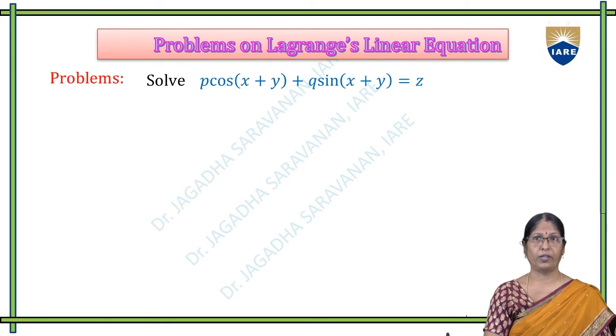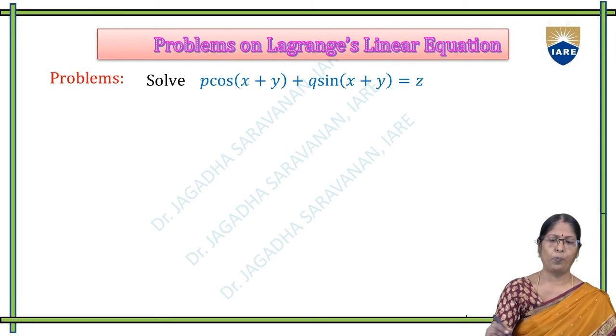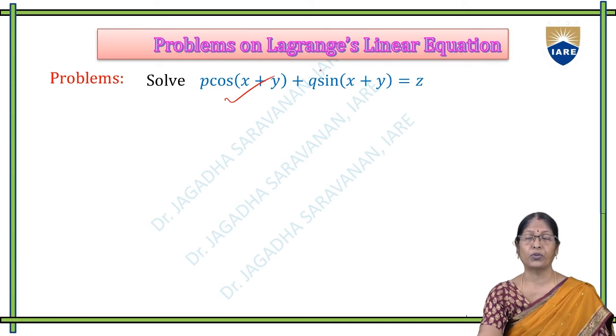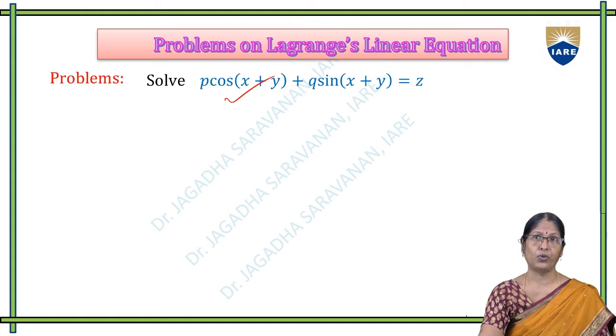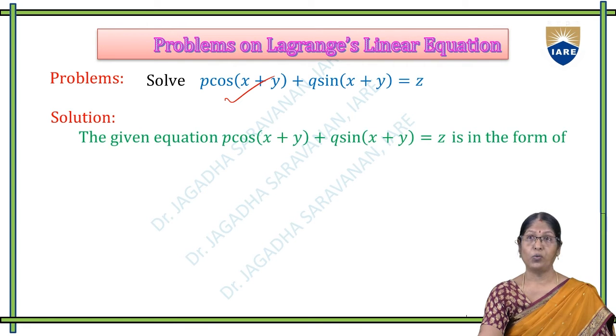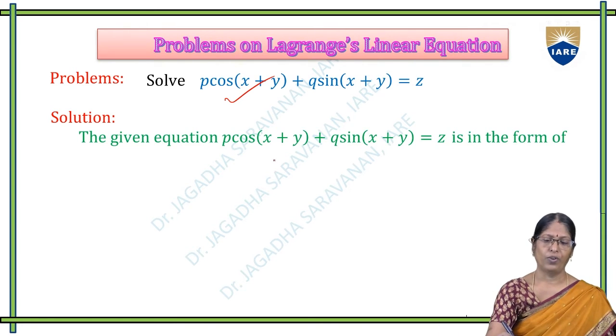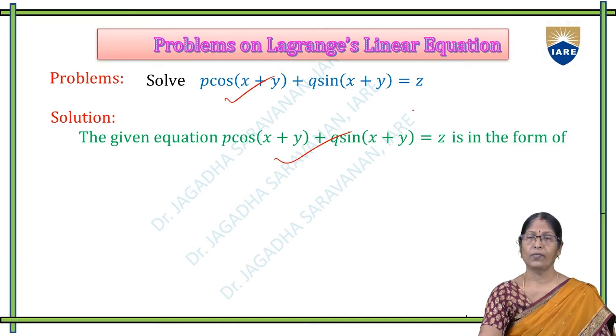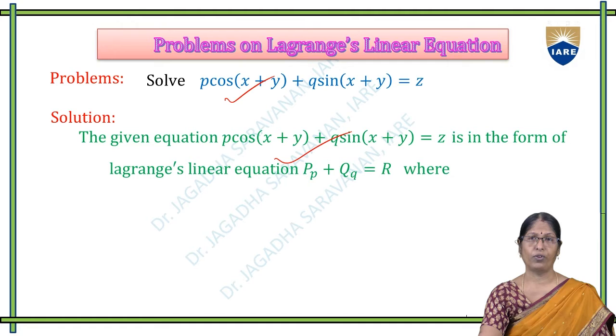So we will move to the second problem, which is p of x plus y plus q of sine of x plus y equal to z. Looking at this only, the trigonometric terms are dominating. So the given equation is, we have written here, p into cos of x plus y plus q into sine of x plus y, which is equal to z, which is in the form of Lagrange's linear equation.